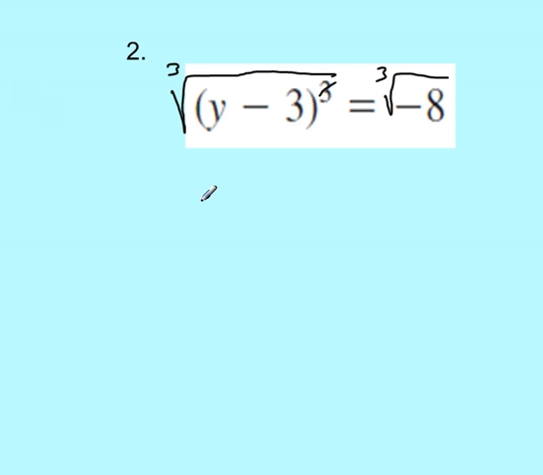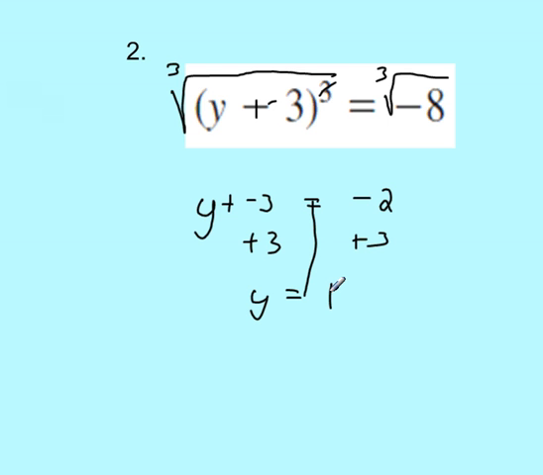So we got y, and we're just going to add its opposite, plus negative 3, is equal to the cube root of negative 8, which is negative 2. That's where the perfect cubes that we talked about earlier come into play. So we got y plus negative 3 equals negative 2. We add 3 to both sides, so we get y is equal to 1.